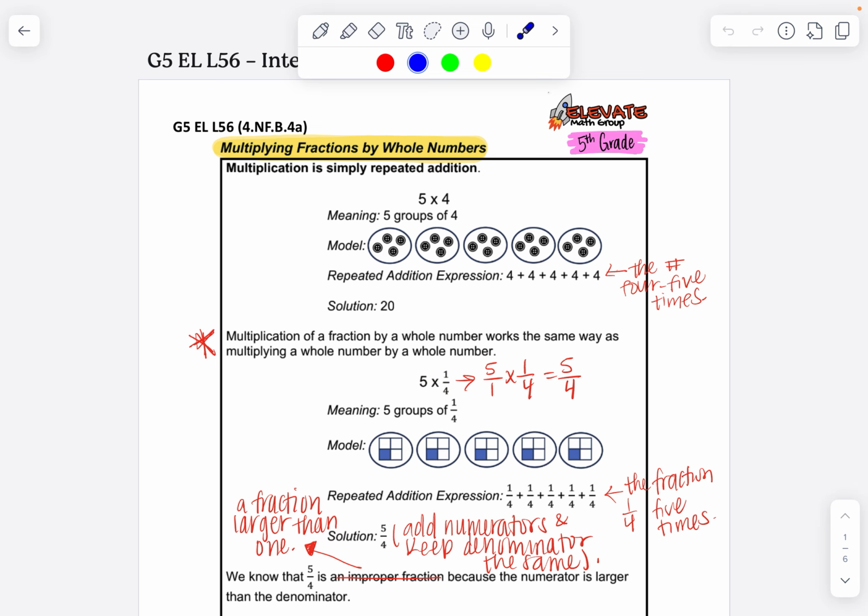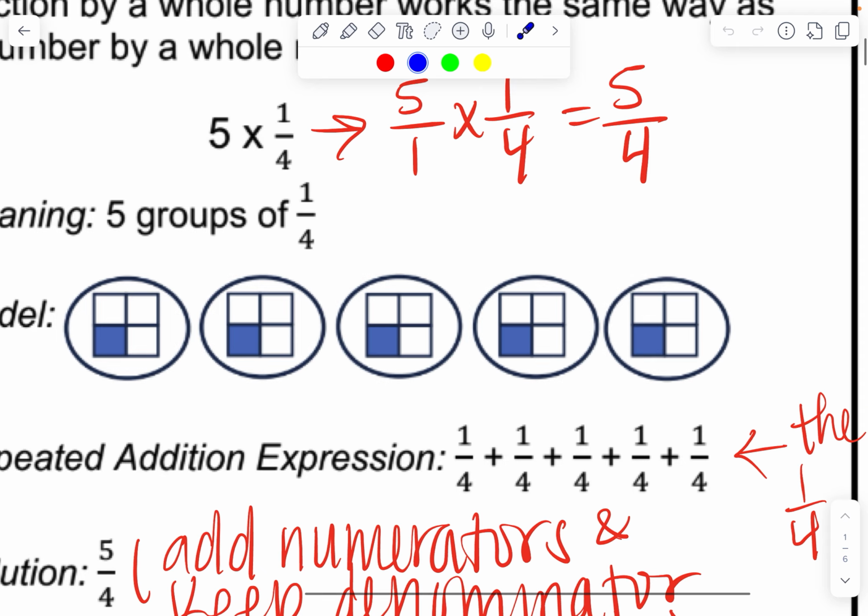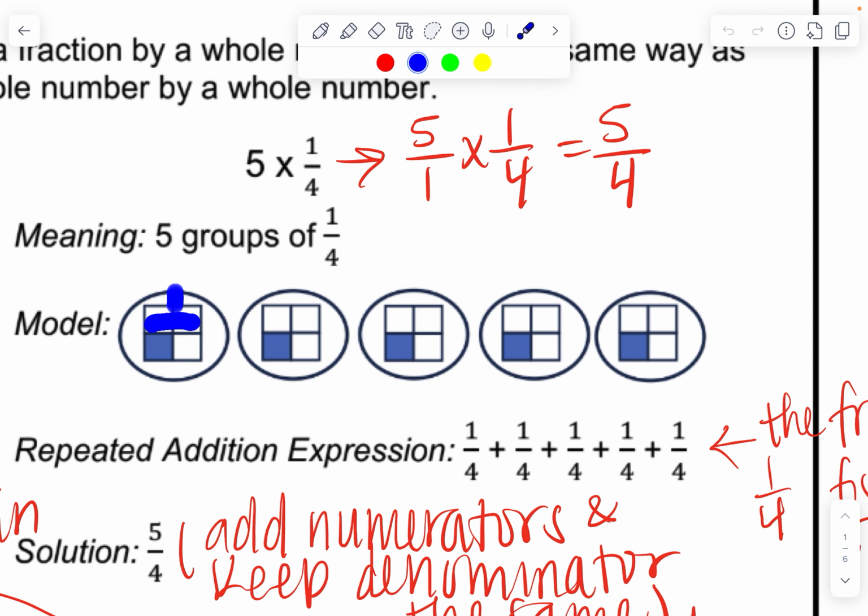So our model is still 5 groups, but we're not going to put 4 cookies or 4 discs inside of each of those groups. We're going to model a fourth, right? 1/4 is shaded in each of those groups. And so the repeated addition expression is 1/4 plus 1/4 plus 1/4 plus 1/4 plus 1/4.